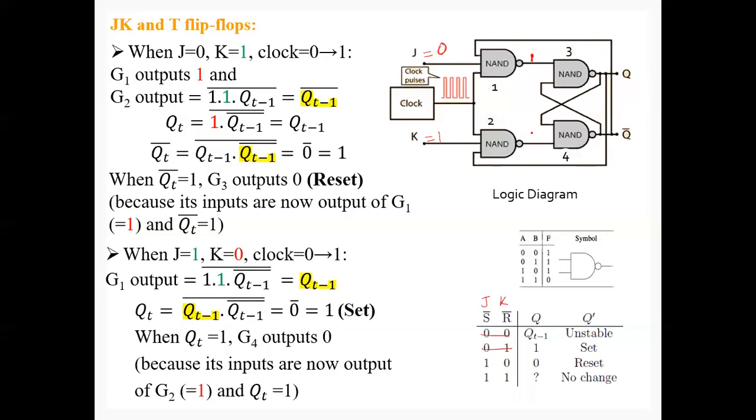We don't know yet. So we know the input of G1 is 1. Now let's figure out the G2 output. How do you find the G2 output? You are trying to find QT, right? Again, you are trying to find QT, so from QT minus 1, right?